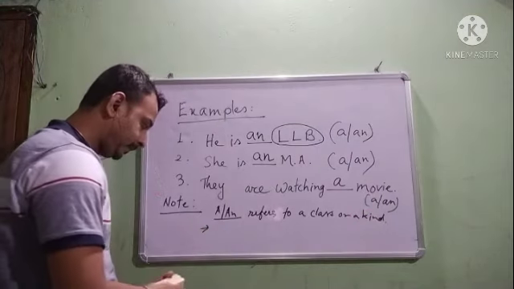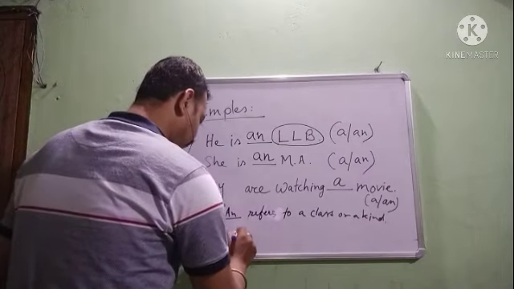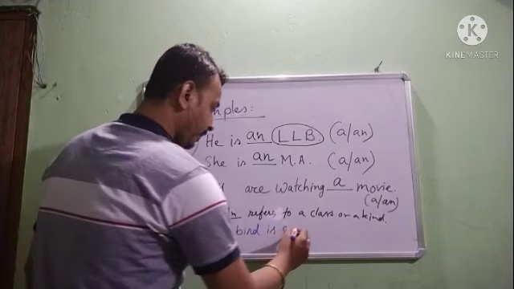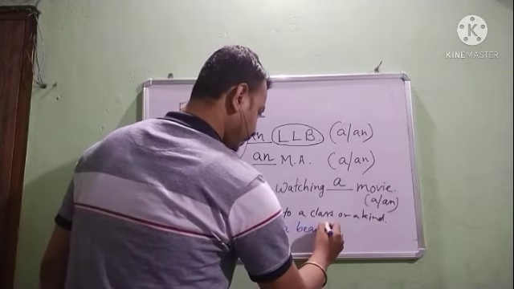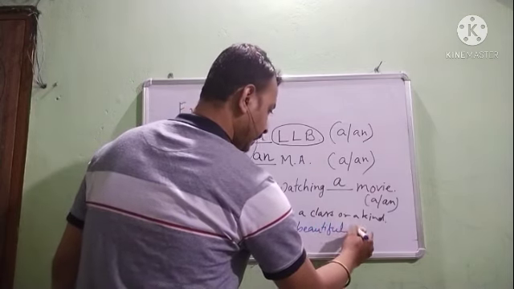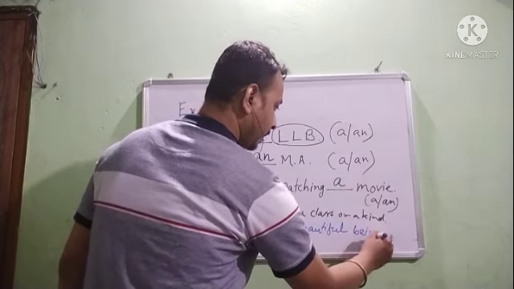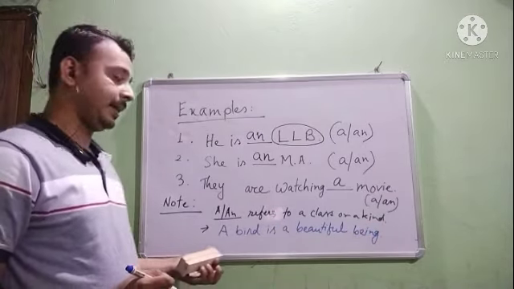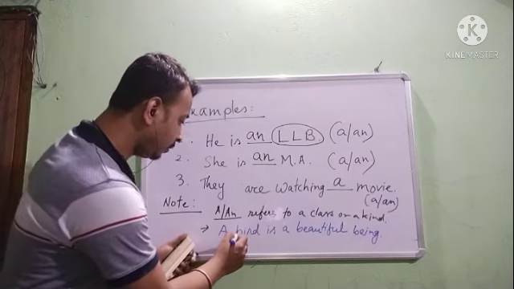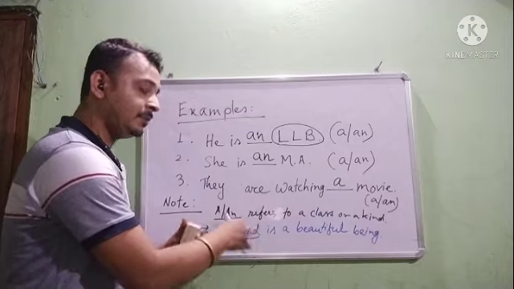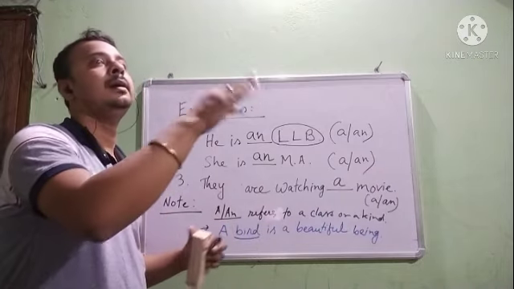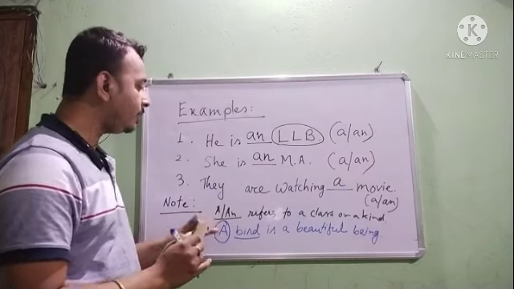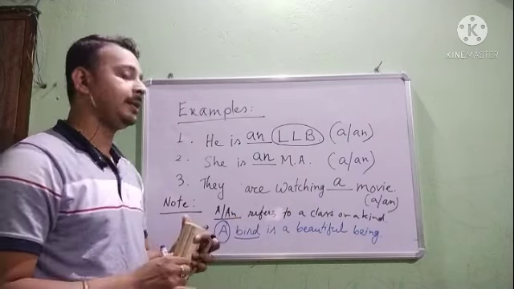For example, a bird is a beautiful being, or we can say creature. Okay, so this is here the word bird. By the word bird, that means the class of whole bird in the world, and A is representing the class here. So A or AN refers to class or a kind.